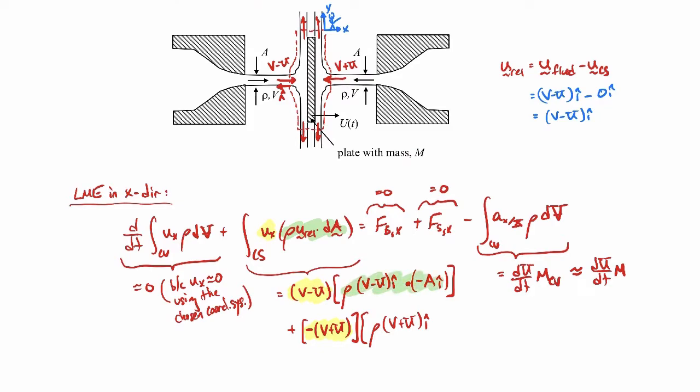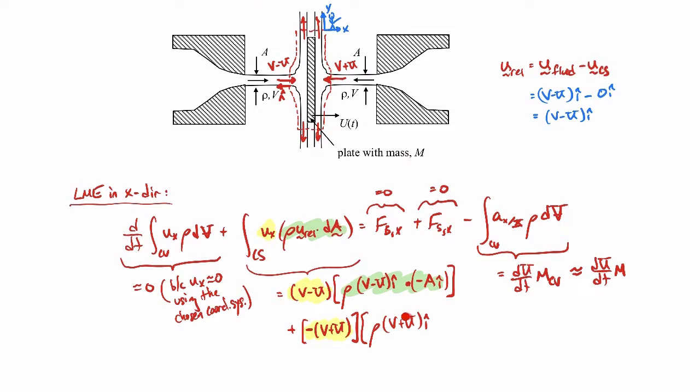Okay, so I'm back down here now. The relative velocity will be just the velocity of the fluid minus the velocity of the control surface. But again, the velocity of the fluid is v plus u, and as we stand on the control volume, the control surface speed is 0.